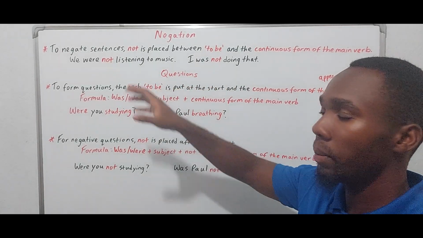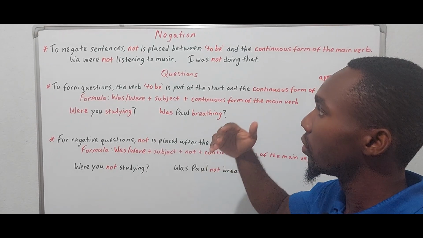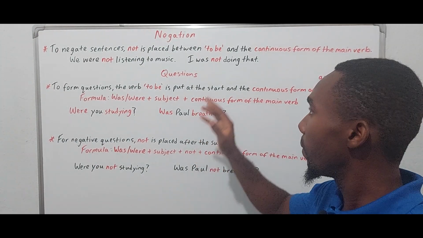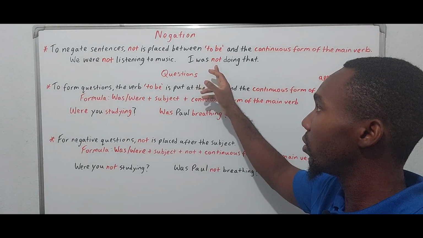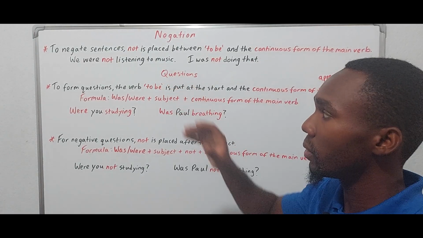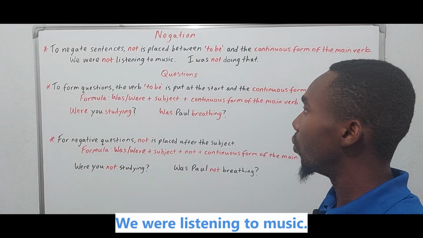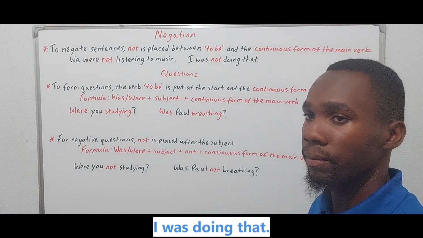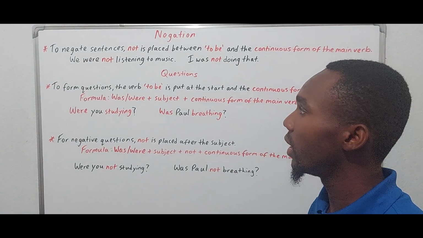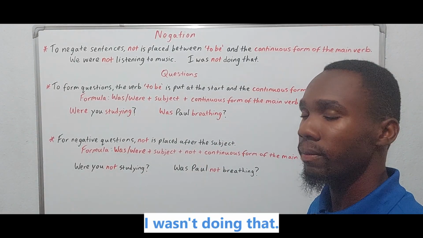As you see, not appears after the auxiliary verb, but it appears before the gerund. Okay? Same thing here. It appears after was, but before doing. If we wanted to produce the affirmative equivalence, we would say, we were listening to music. I was doing that. Right? Of course, we can form contractions by saying we weren't listening to music or I wasn't doing that.